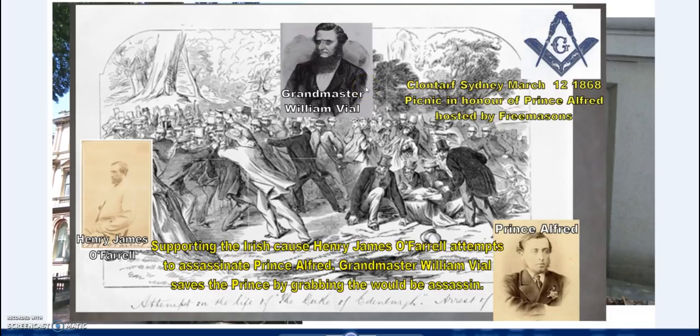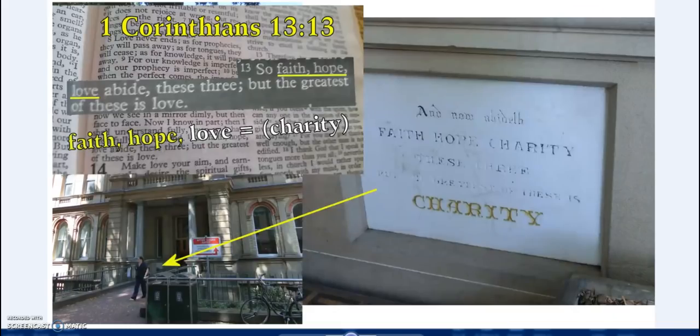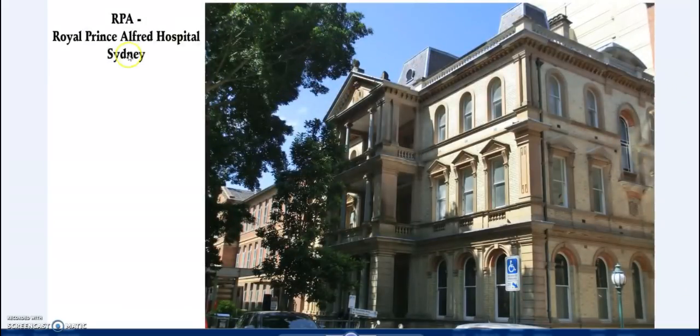And Prince Alfred gifted him a wine jug, as well as a considerable amount of money. Now, William Vial did not accept the money. He donated that in an act of charity, and that led to the creation of the RPA, Royal Prince Alfred Hospital. So Royal Prince Alfred almost assassinated.